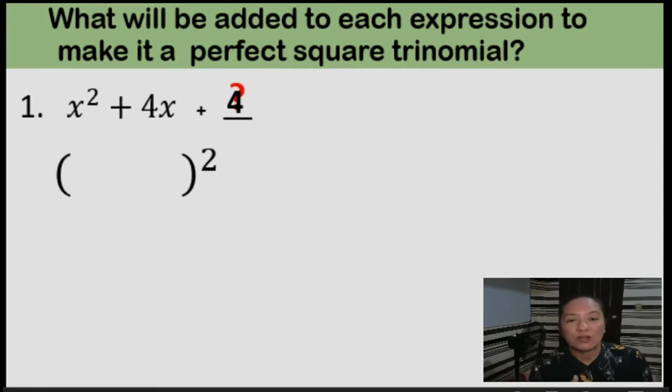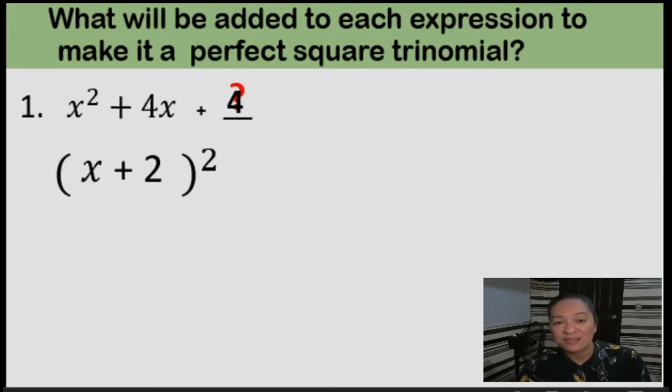Okay, so 4 divided by 2 is 2. And what is 2 squared? 2 squared is 4. So, kaya nilagay natin yung 4. So, ang factors nitong trinomial na ito ay x plus 2 quantity squared. Okay? It is now a perfect square trinomial.